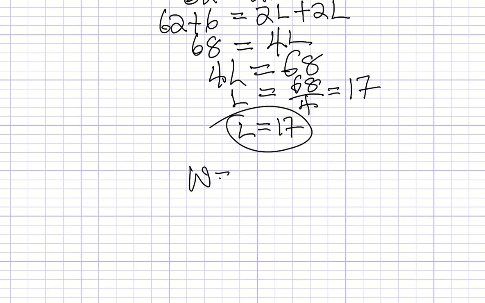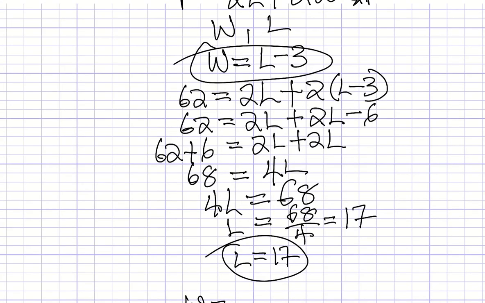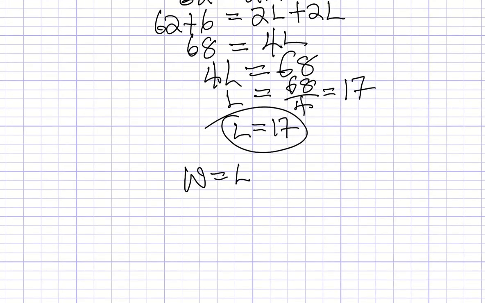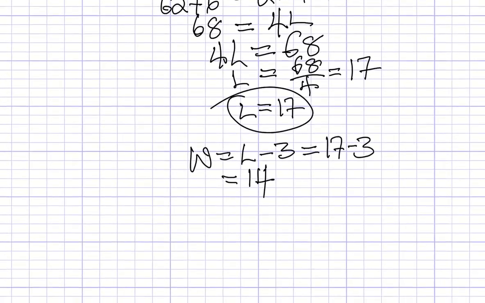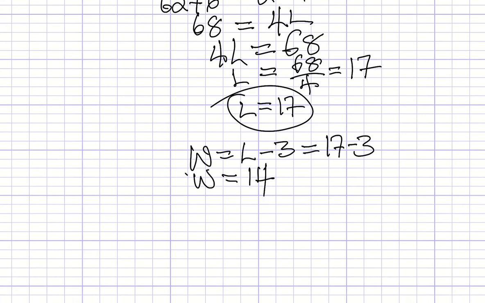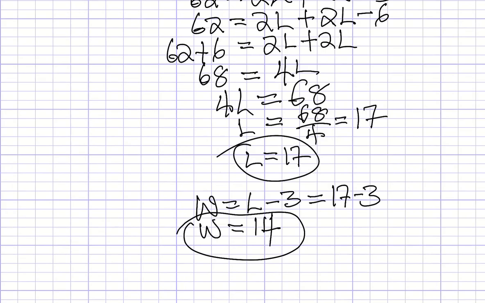Width is equal to length minus 3, that's 17 minus 3, which equals 14. So the width is 14 and the length is 17.